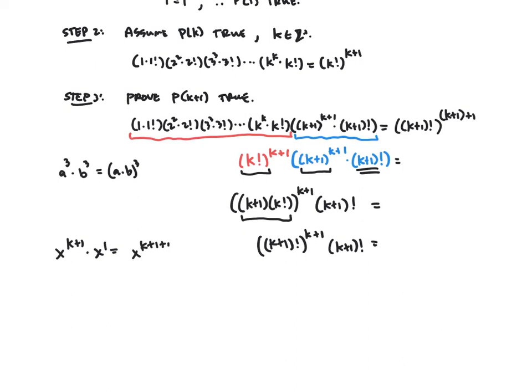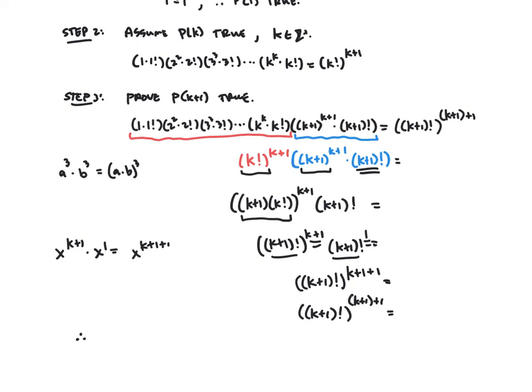In this case, since I have (k+1) factorial to the (k+1)th and (k+1) factorial, I can write this as (k+1) factorial to the (k+1), which is right here, plus 1, which is right there. Hey, go look at that. I get exactly what I wanted, (k+1) factorial to the (k+1)+1th.